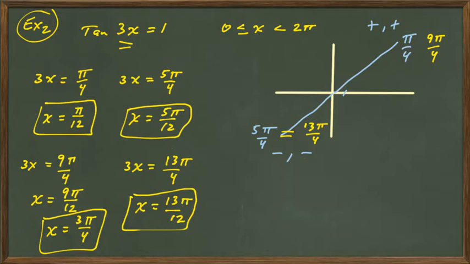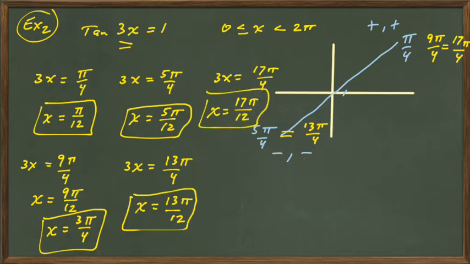No, so I need to continue. Same pattern. 3x is going to equal what now? Well, if you add 8/4 to 9/4, you get 17/4. Multiplying by 1/3 is 17/12. I'm still not at 2 pi, am I?